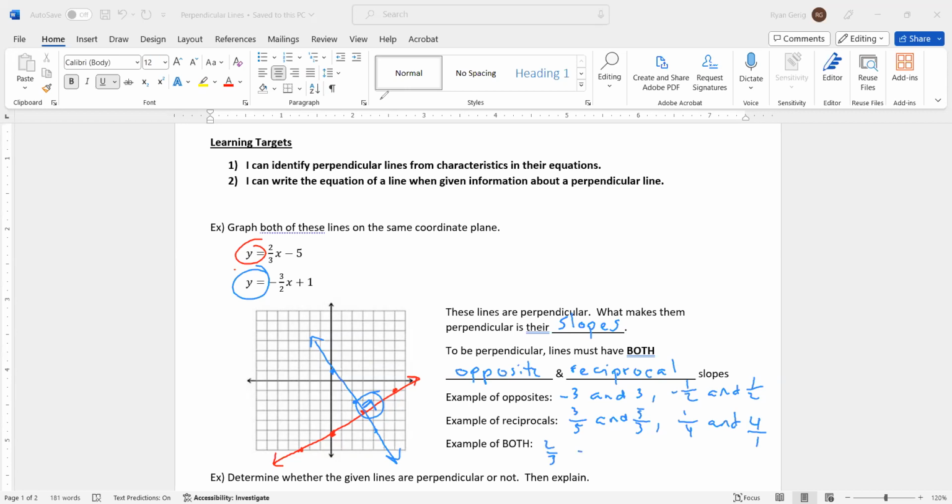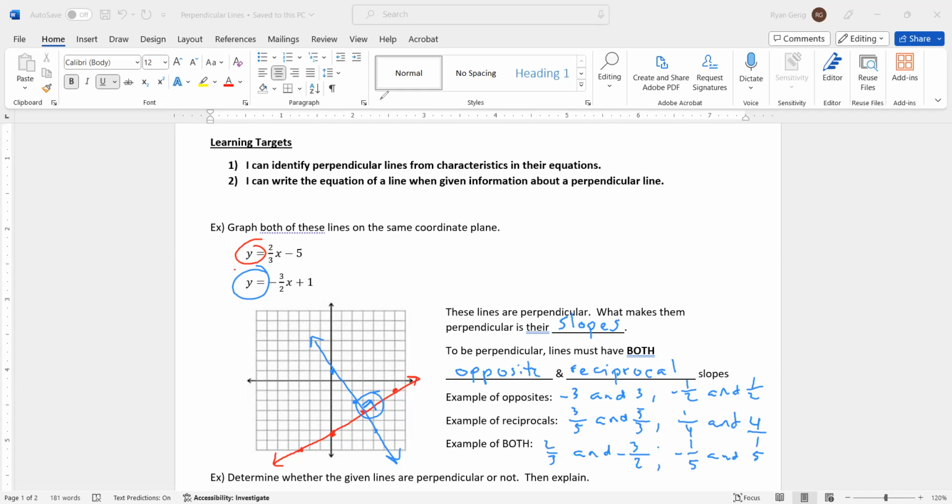An example of opposite and reciprocal would be flip that fraction, so 3/2, and have the opposite sign. So the first one was positive, the second one would be negative. And then another example would be if I have a slope of -1/5, flipping that fraction would give me 5/1. It's already negative, so +5 would be the opposite and reciprocal.